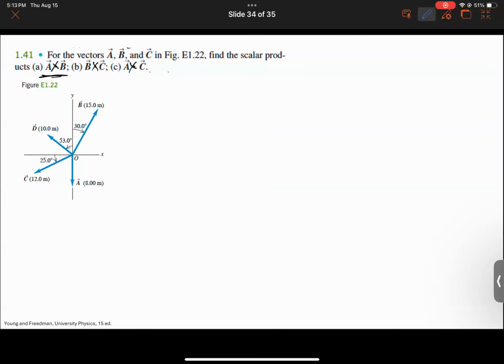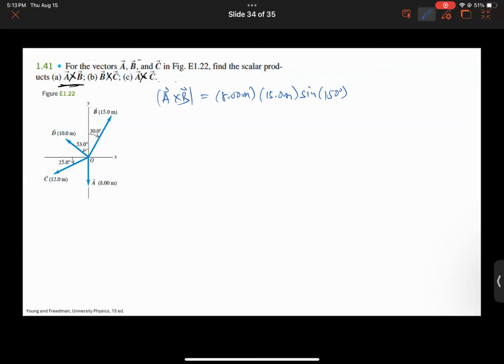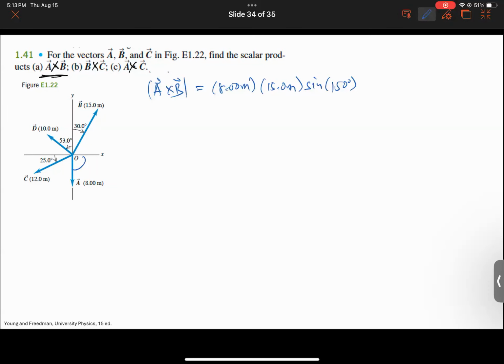So A cross B, their magnitudes are 8 meters times 15 meters, and the angle between them is 150 degrees, right? So 90 plus 60, okay, this gives us 60 meters.